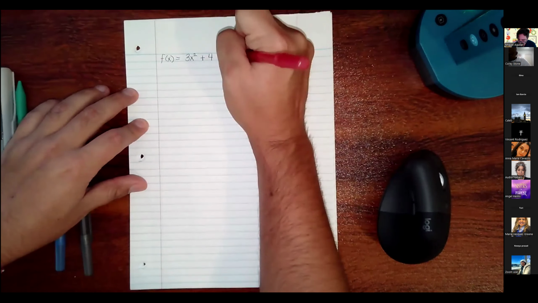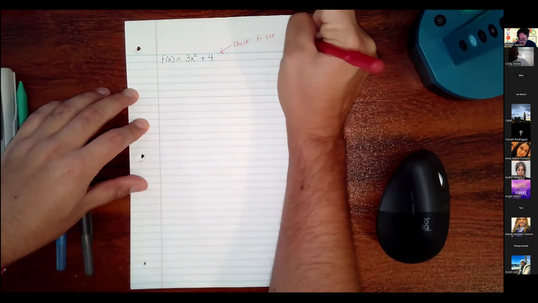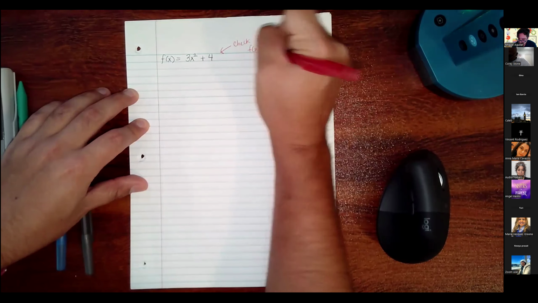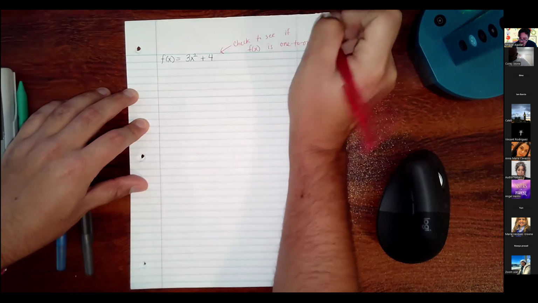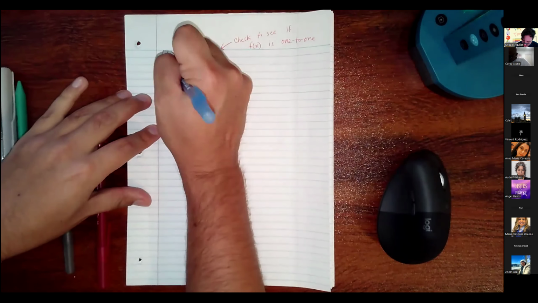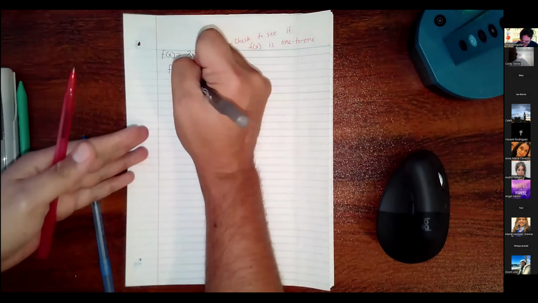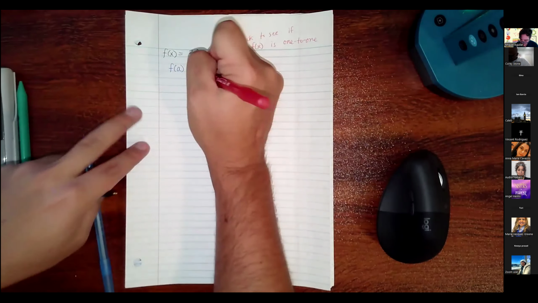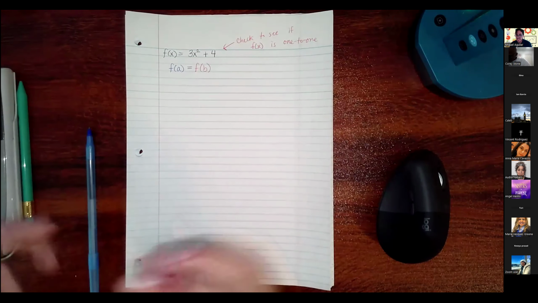We're checking to see if f of x is 1-to-1. Okay, so we start off the same way by saying if f of a is equal to f of b, then what we should be getting at the end of this is a is equal to b.